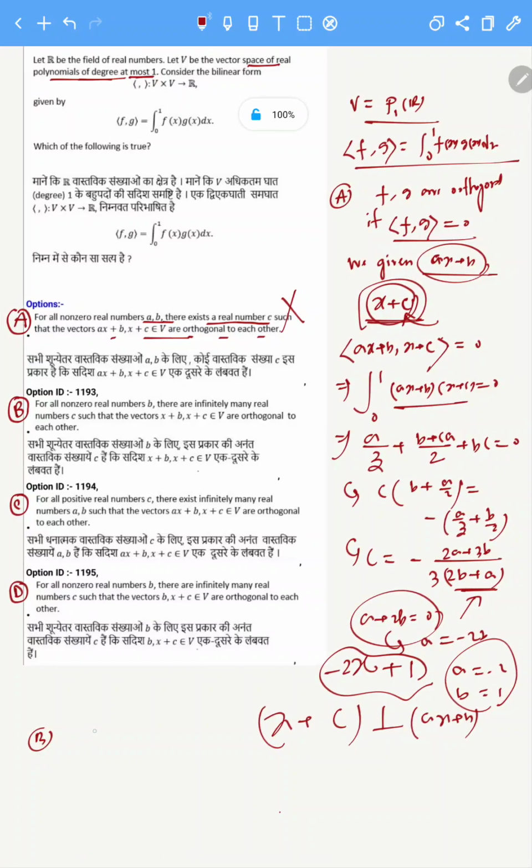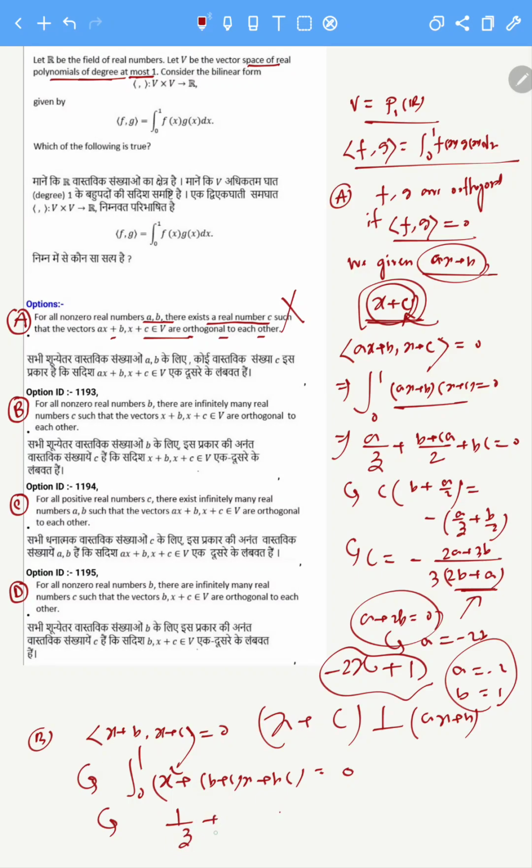What is the question saying? We have to find, for x plus b and x plus c, that these two vectors are orthogonal to each other. That means the integral from 0 to 1 of x squared plus (b plus c) x plus bc equals 0. This implies 1 over 3 plus (b plus c) over 2 plus bc equal to 0.